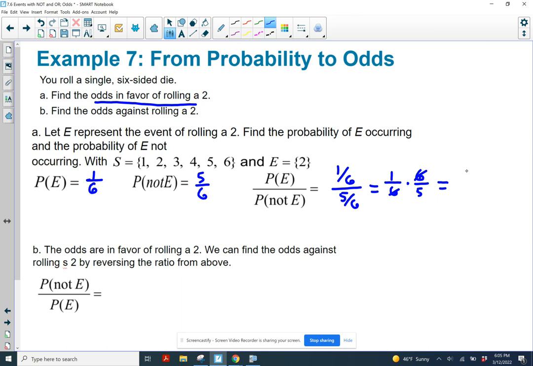Basically, I can just divide out that common factor of 6 from the numerator and denominator, and I get 1/5. In other words, the odds in favor of rolling a 2, or the odds of rolling a 2, we could say it that way as well.